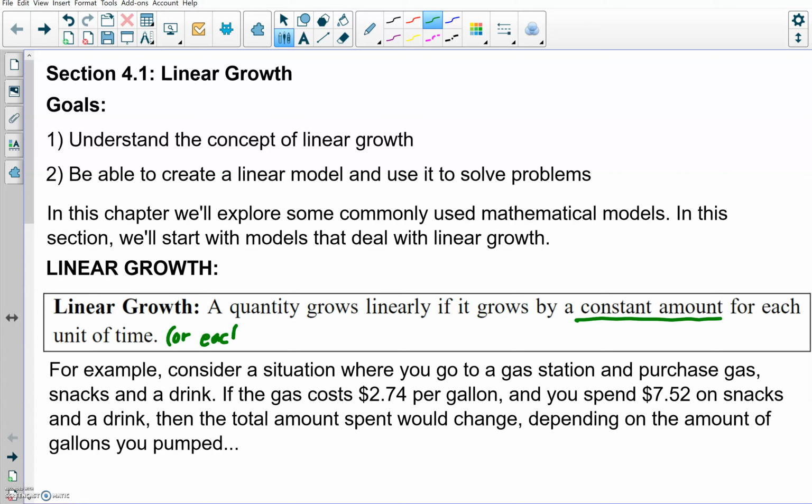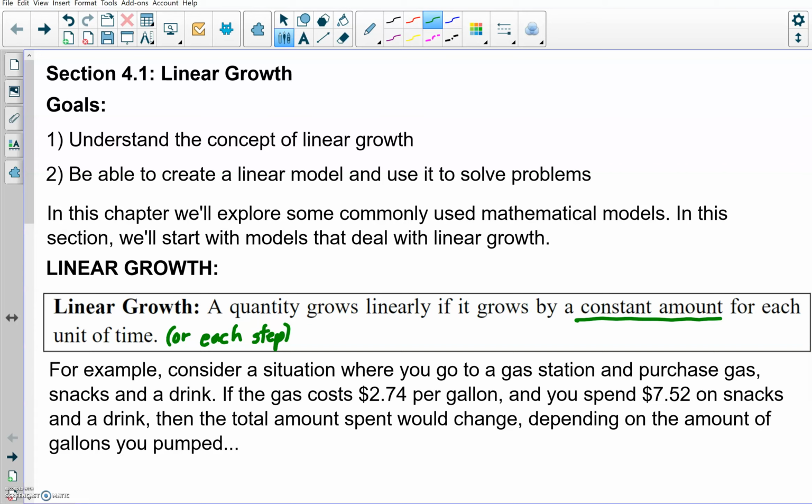So for each unit of time or each step, you're going to see the amount overall, or the quantity, growing by a constant value. So from one step to the next, and then the next step to the one after that, you're going to be seeing it grow by a constant amount, change by a constant amount.